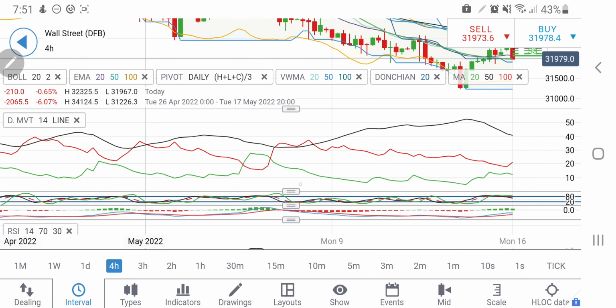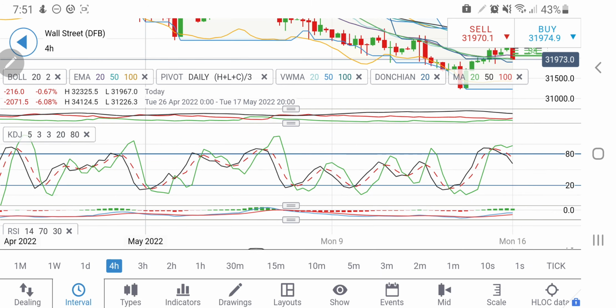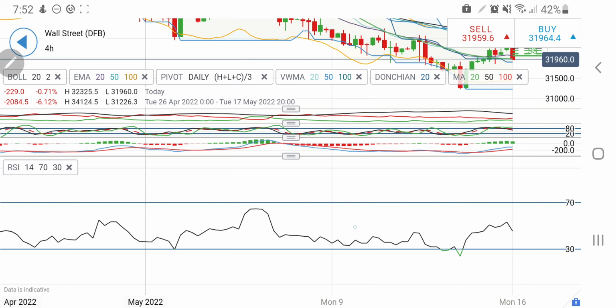Only once it trades above 32,300, I'll recommend you to go long. The directional movement is bearish. The stochastic was overbought, looking downwards from here. The MACD is trying to converge and crossover again. Probably a convergence may take a little time, and RSI is again looking vertically downwards from here.